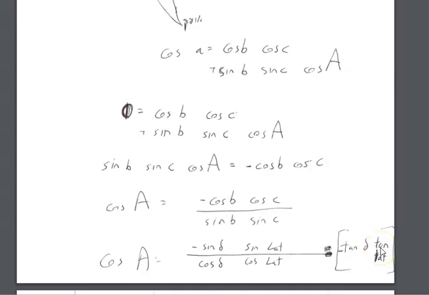We have a calculator, and we just do tangent. Latitude is 60, and declination would be negative tangent 15 degrees. These are the two.